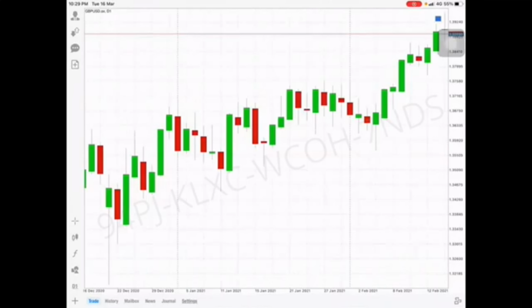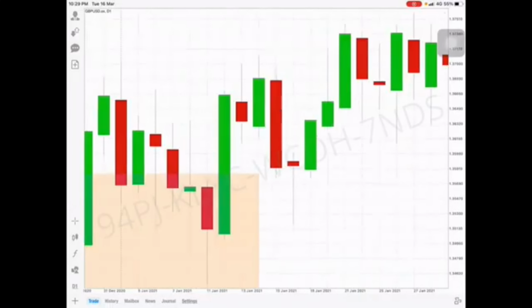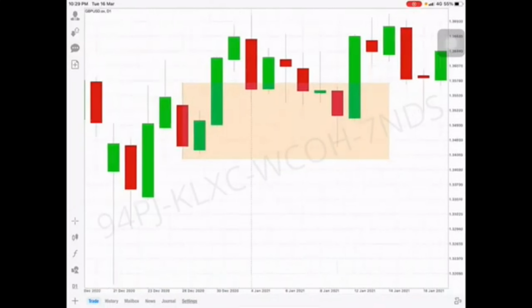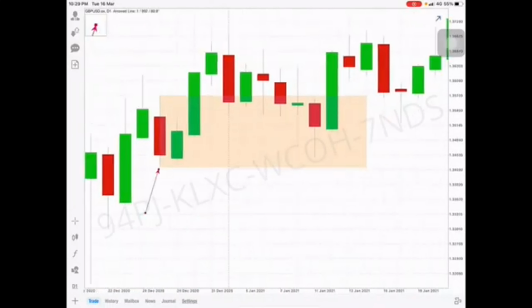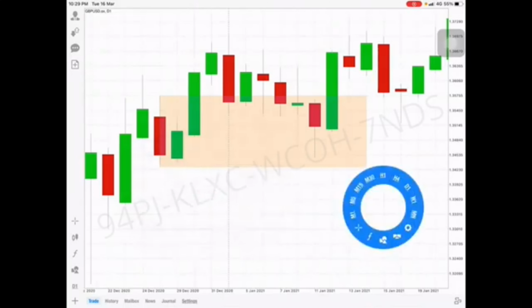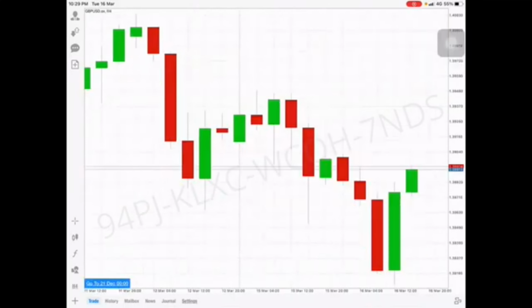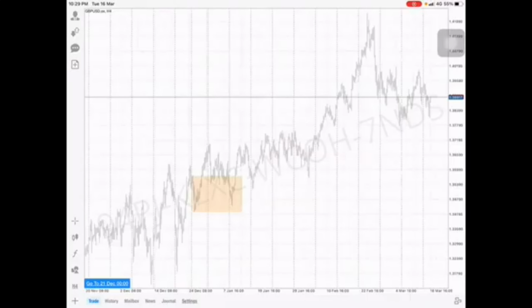This is engulfing buy, right? Do you see it right here? Now, where do we go from here? H4. Okay.